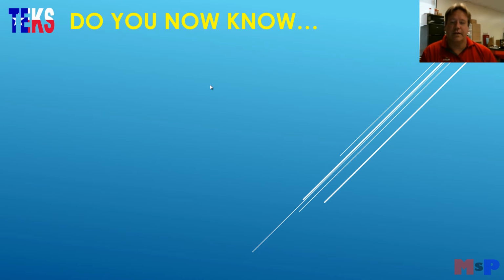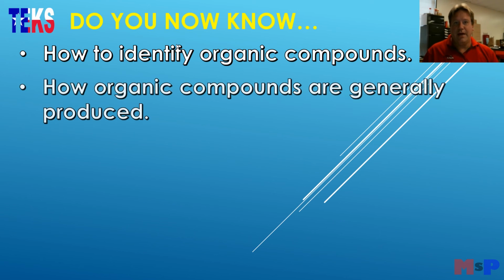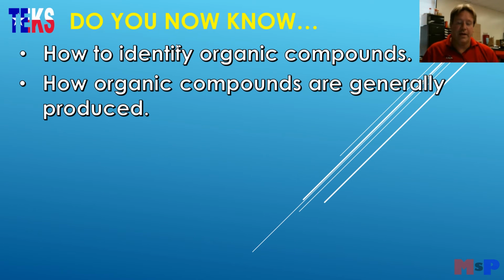So now that we're done with this lecture, do you now know how to identify organic compounds? Do you know that when a compound has carbon and hydrogen in it, it's generally going to be an organic compound? Do you know how organic compounds are generally produced? Life produces them for the most part. There are organic compounds out there that are not produced by life, but for the most part, life produces organic compounds.